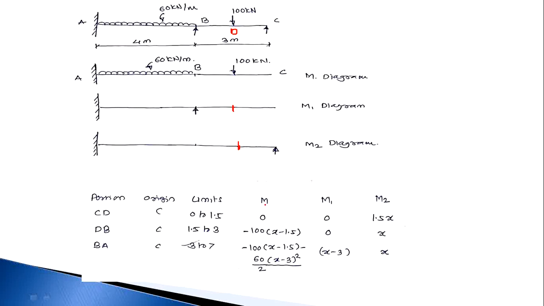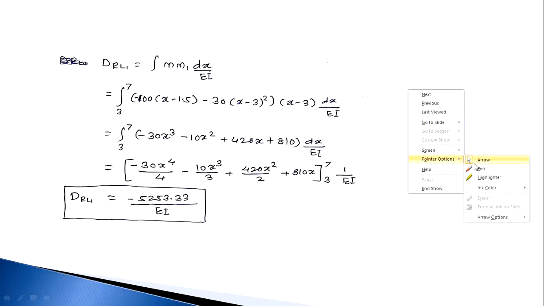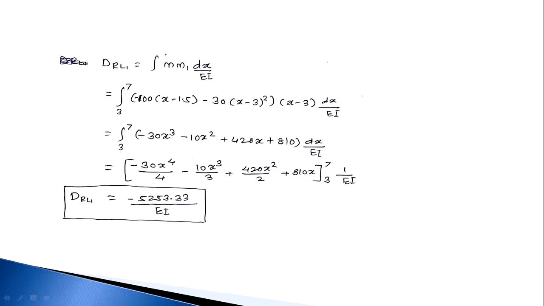By using these M1 and M2 values, we can form the DRL matrix and flexibility matrix. So first DRL1, that is integration of M into M1 dx upon EI. So first M into M1, limits are 3 to 7, minus 100 in bracket (x minus 1.5) minus 30 (x minus 3) whole square.